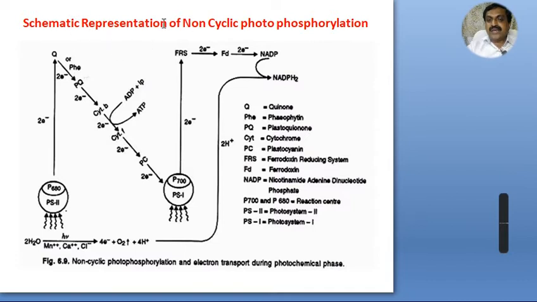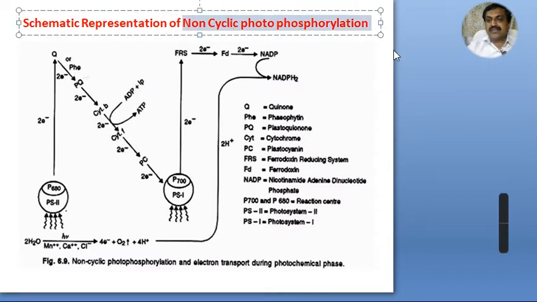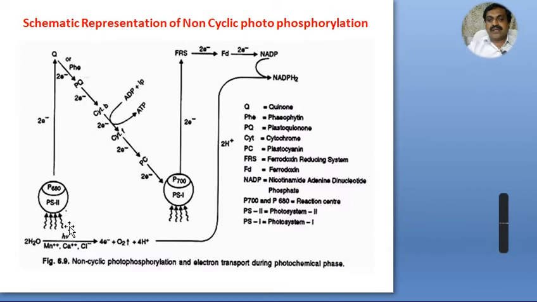During a non-cyclic journey of the electron, look at here, the journey of the electron is not cyclic. Hence it is called non-cyclic journey or non-cyclic photophosphorylation.